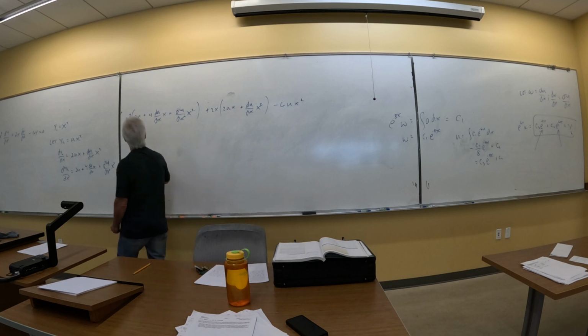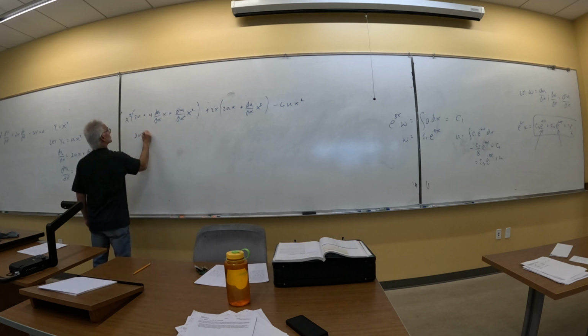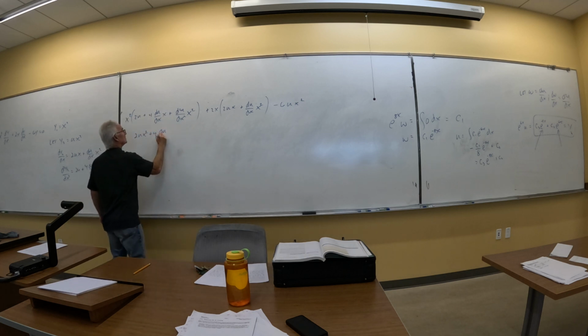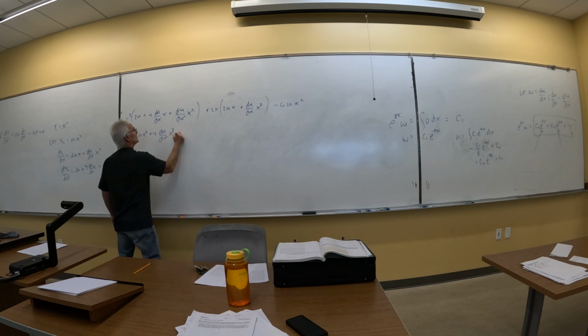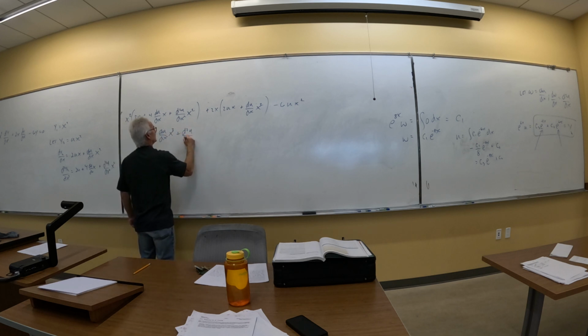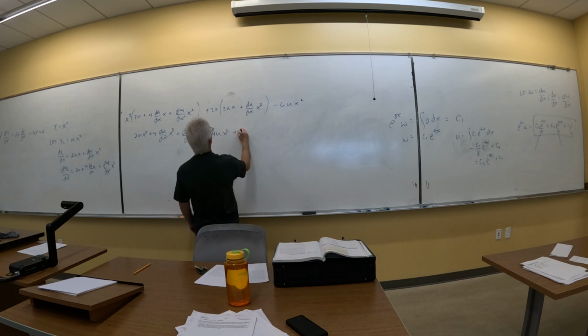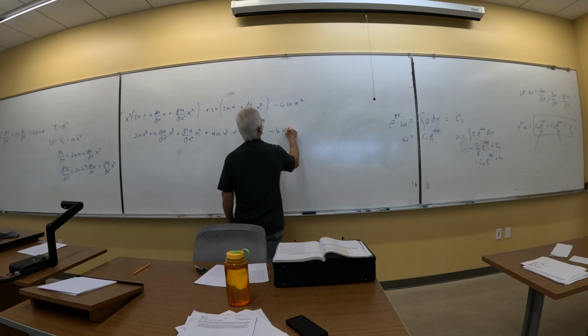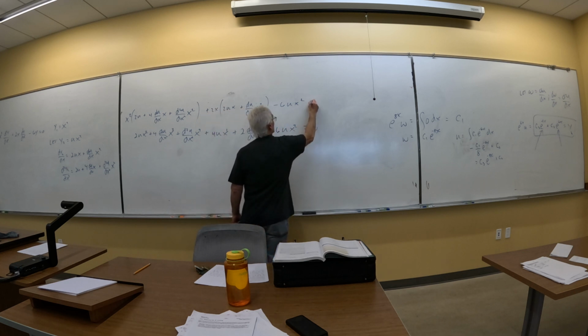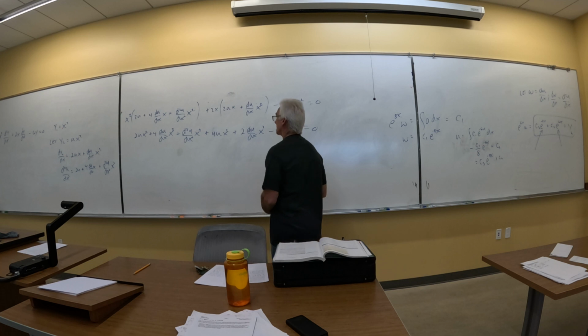So when I distribute here, 2ux squared plus 4 du dx x cubed plus second derivative x to the 4th plus 4ux squared plus 2 du dx x cubed minus 6ux squared. And that's all 0.